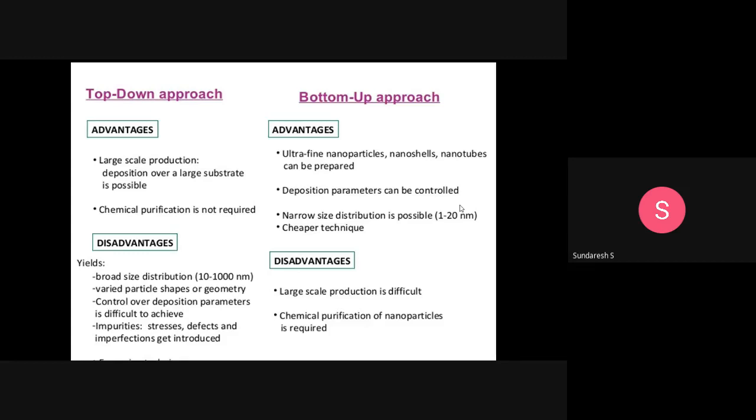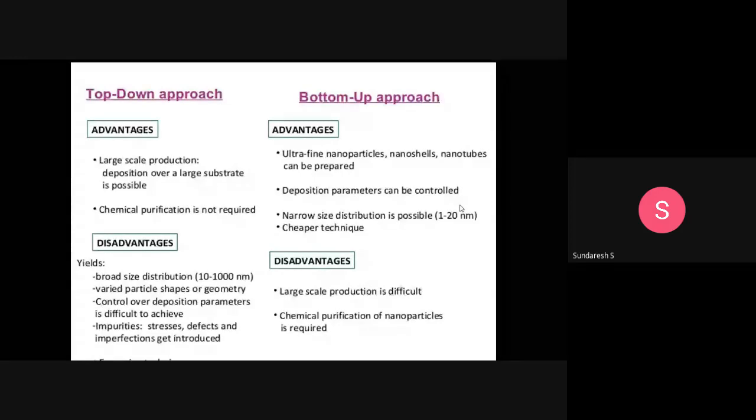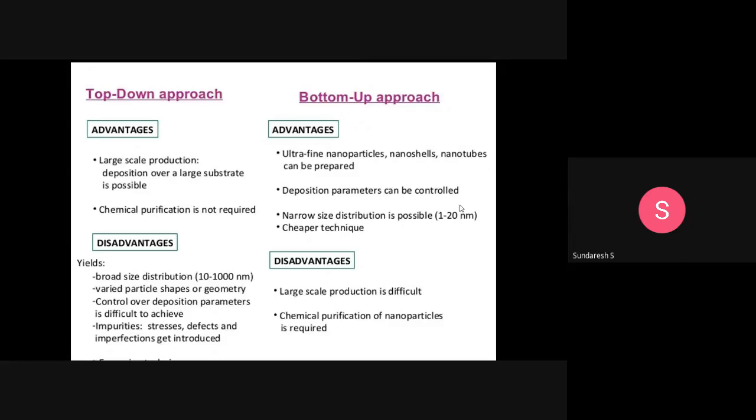So these are the two disadvantages of the bottom-up approach. So the comparison is very important. You should be in a position to know the difference between the top-down approach and the bottom-up approach. Okay, I hope you are able to follow these things. Okay, so please try to make the difference between these two.